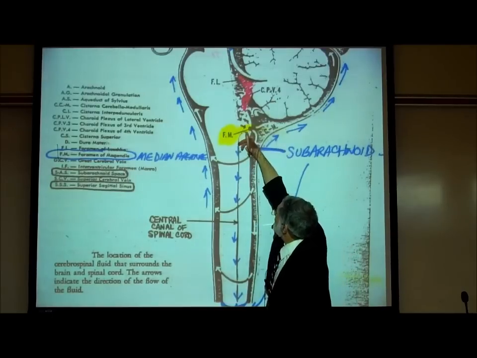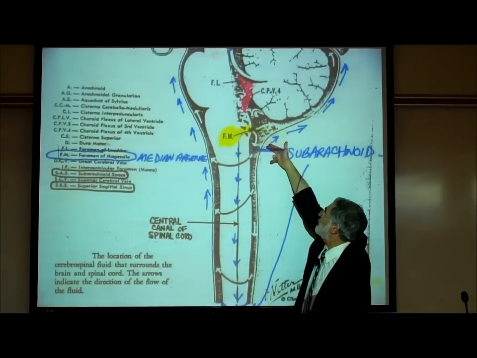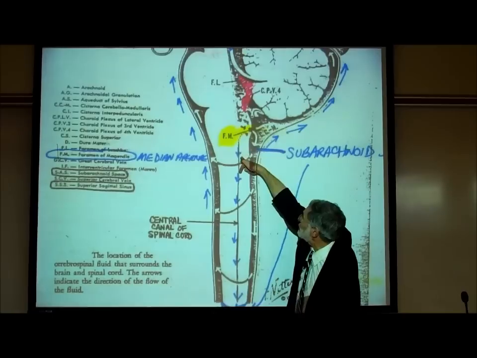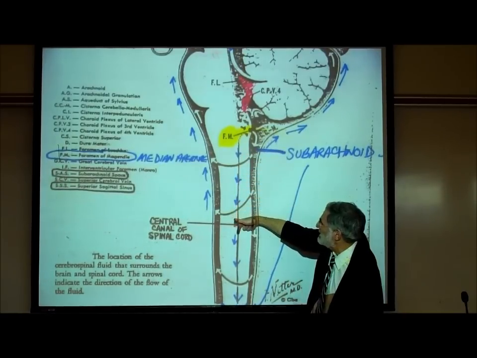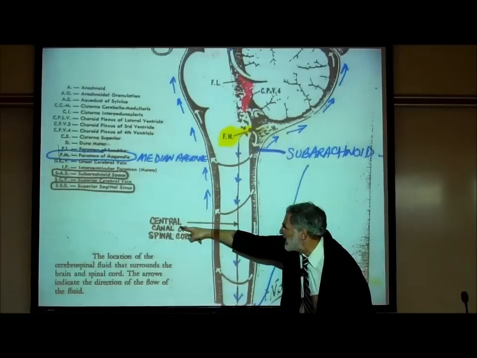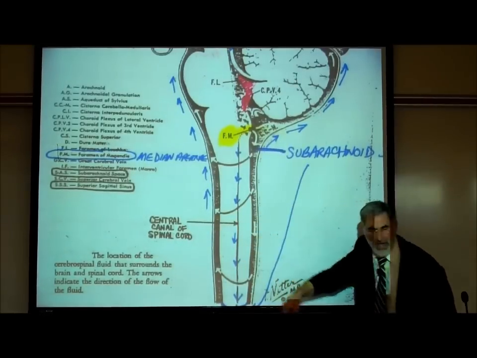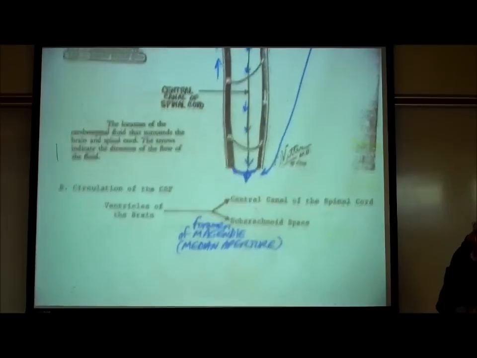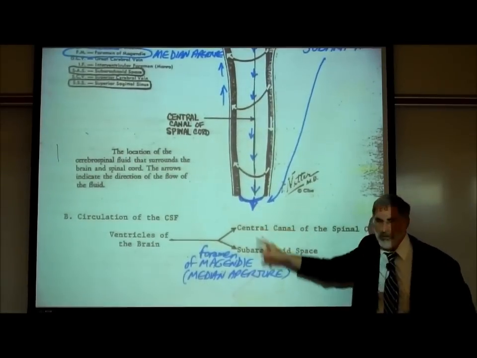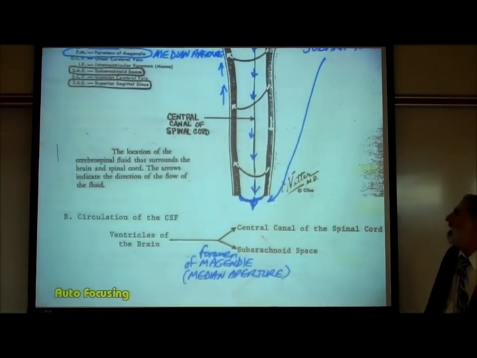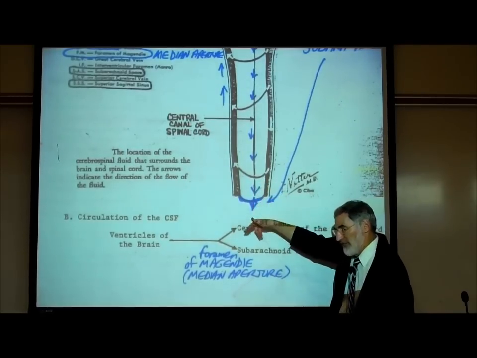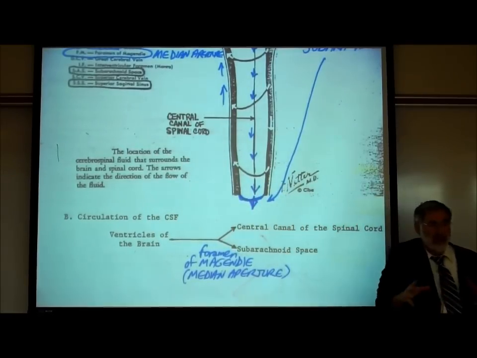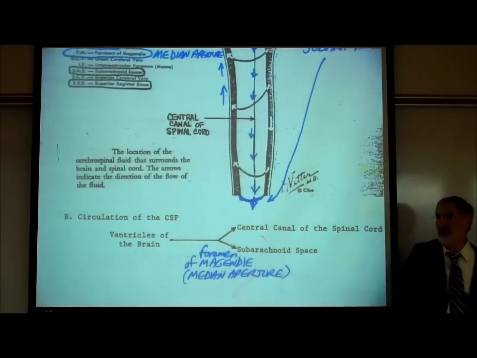The other 10% of the fluid, rather than coming out through the Foramen of Magendie, continues to flow through a canal that extends all the way down the spinal cord, called the central canal of the spinal cord, and that canal opens at the bottom of the spinal cord. And so that remaining 10% of the fluid comes out of the central canal at the bottom of the spinal cord into the subarachnoid space.